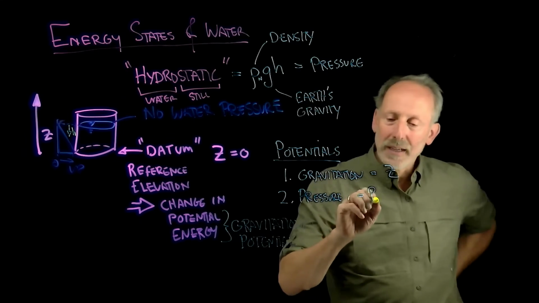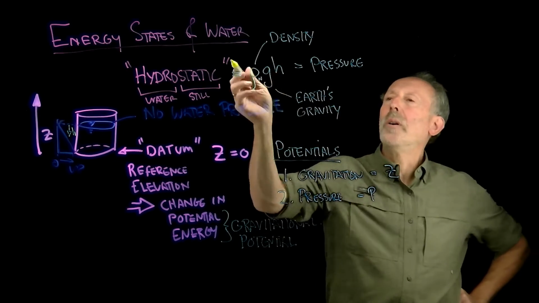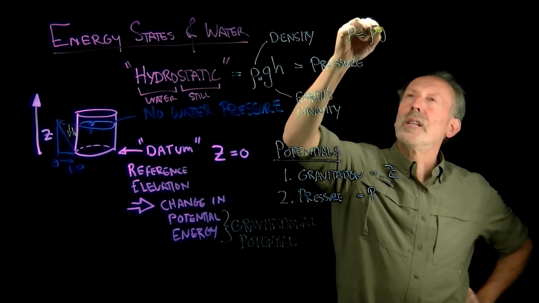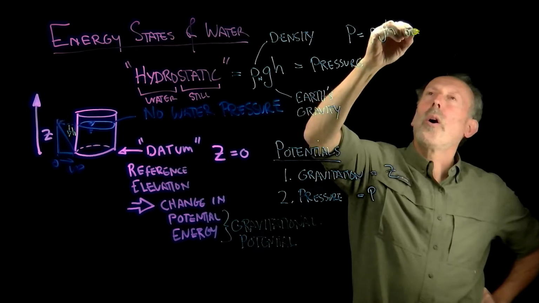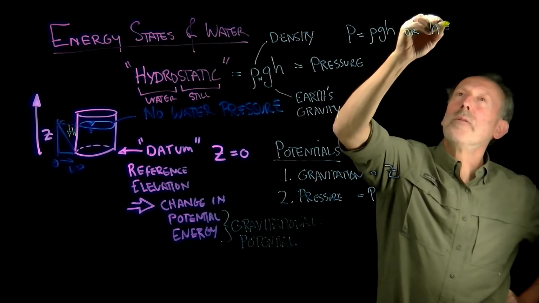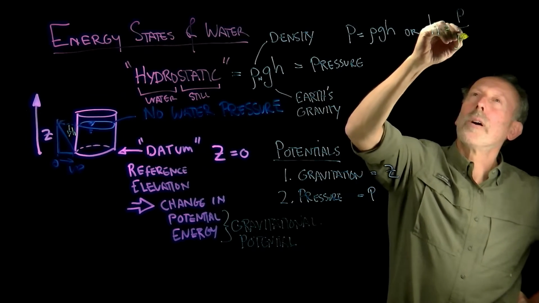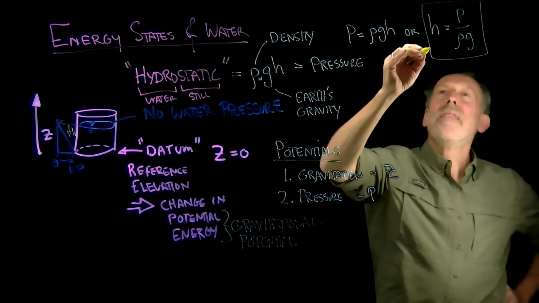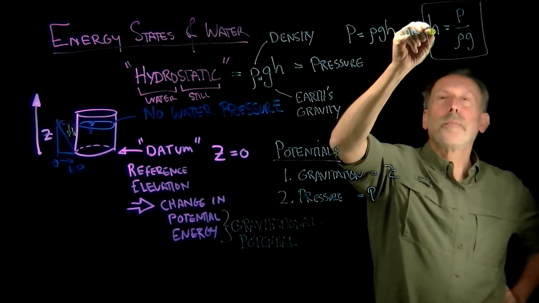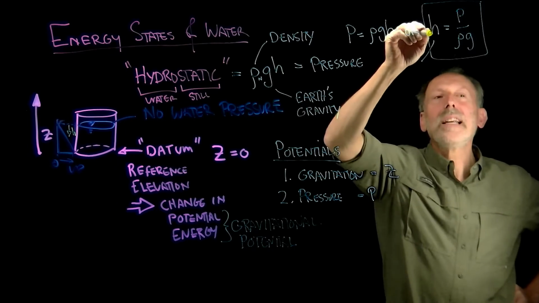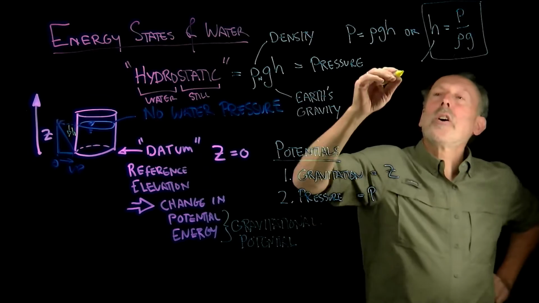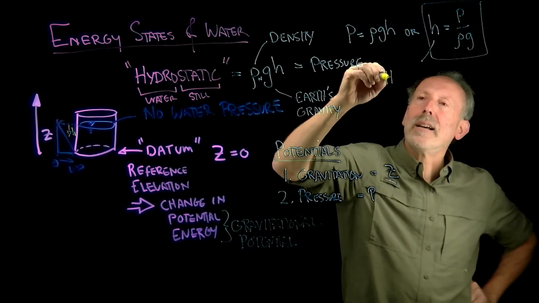And we will note that we can also say that P equals rho g h, or h equals P over rho g. In other words, pressure can be linearly related to elevation. And this we call the hydrostatic head.